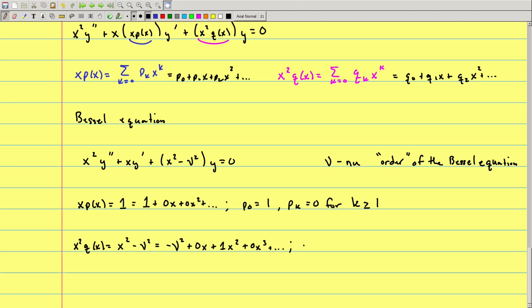So q naught is equal to negative nu squared, q1 is 0, q2 is 1, and qk is equal to 0 for k greater than or equal to 3. All right.